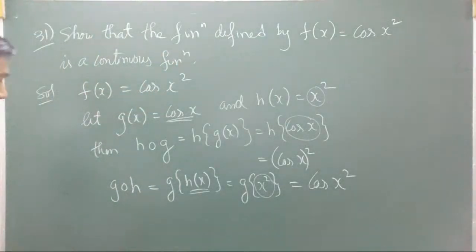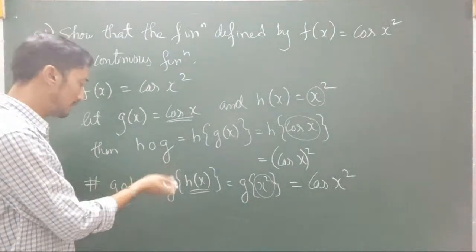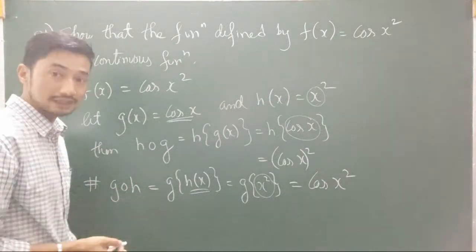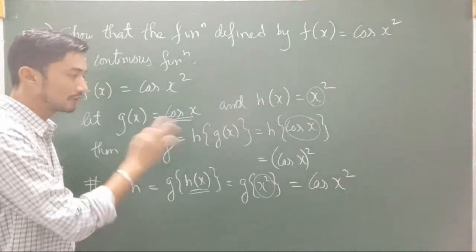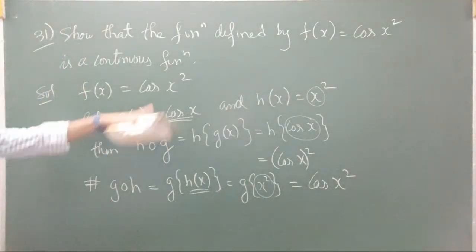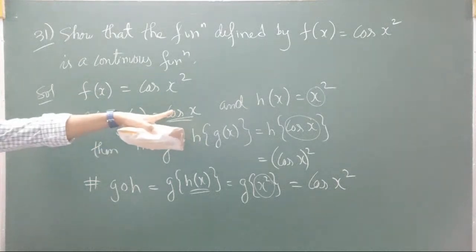So clearly it is a composite function, g on h. You can try it that way. If you don't get it for h on g, then definitely it will be g on h. Every time it's not about guessing, so you can try both, and definitely one will work. Alright, so it's proved that this function is a composite function of g and h.